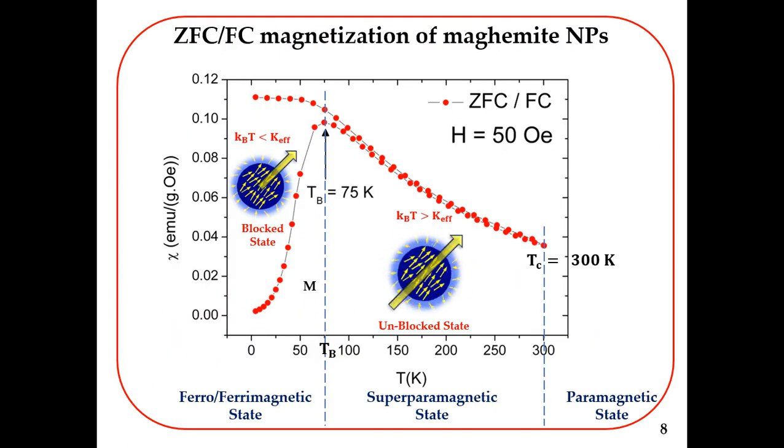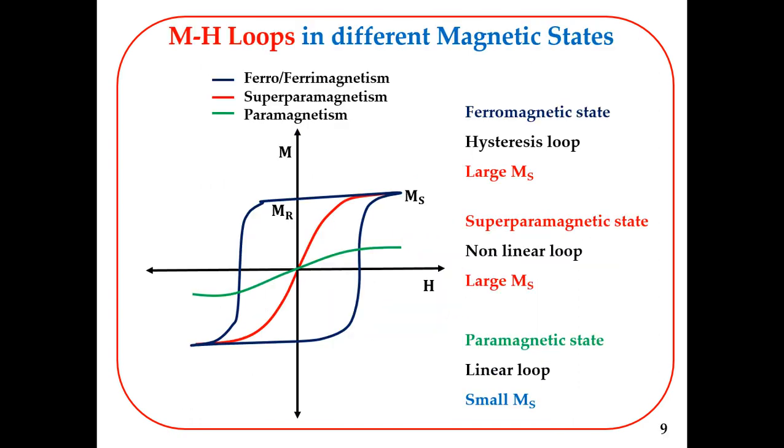From the zero field cooled magnetization of maghemite nanoparticles, you can see above TB we have a fluctuation of superparamagnetic nanoparticles, and below TB we are in a blocked state, and above TC is the paramagnetic state. Here are the MH loops in different magnetic states.